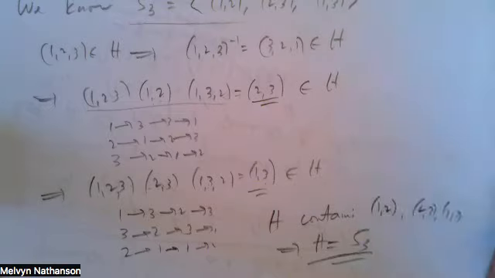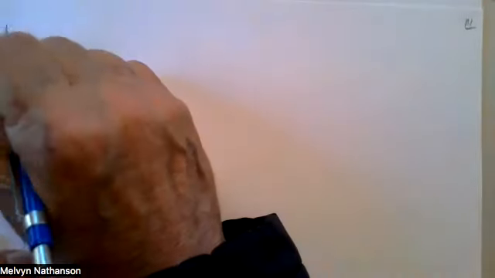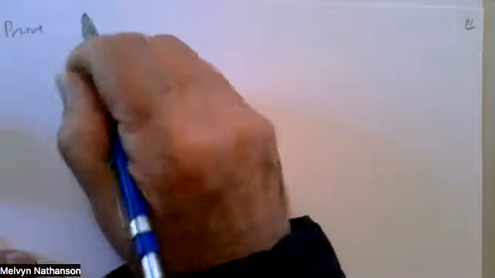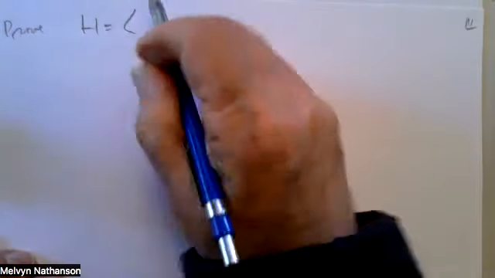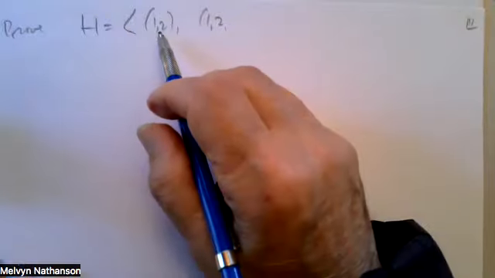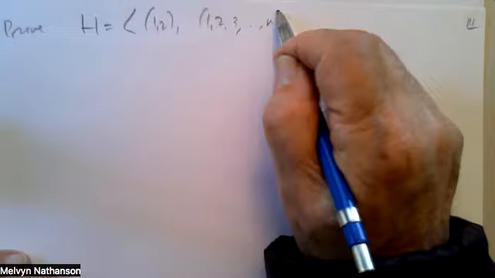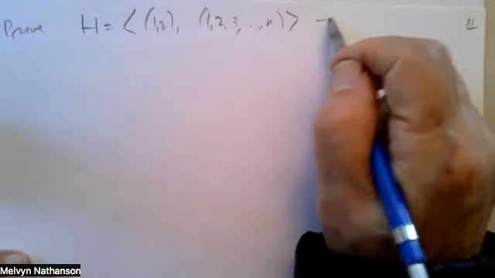So let's try to prove the problem in general. So we want to prove if we let H be the subgroup generated by the transposition (1 2) and the n-cycle (1 2 ... n), that this is actually equal to Sn.